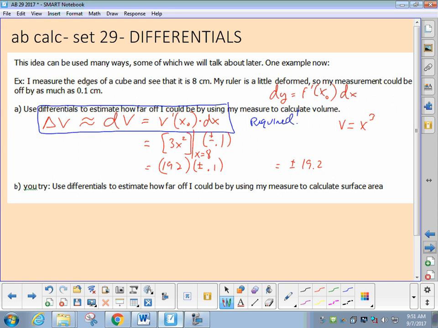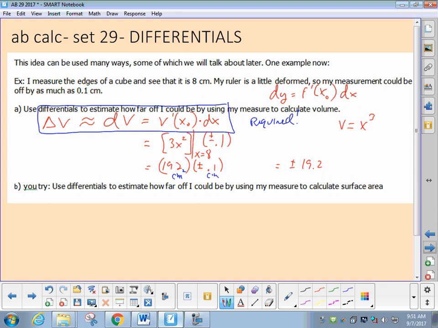19.2. Let's go back and talk some units here. This was 3x squared. X is measured in what? The side was measured in what? Centimeters. So when I did 3x squared, it was centimeters squared. Dx, that's how much my length measurement could be off. How much were the units on that? Centimeters.